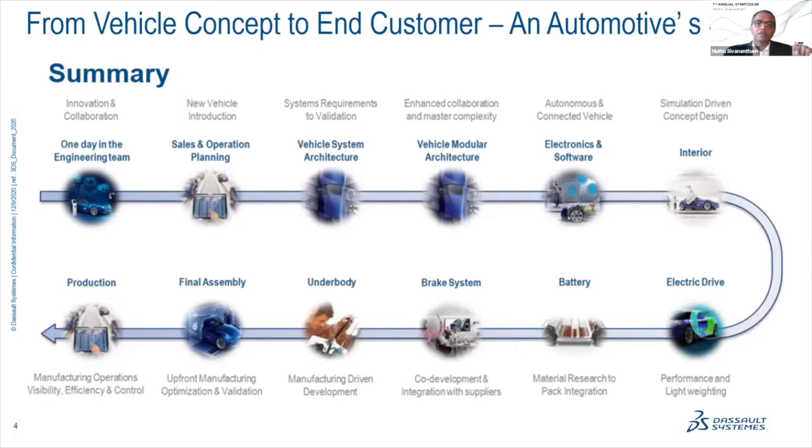Modularity is key. I'll use that term several times in this presentation, because they want to produce many models, many options, as Gary saw, as much as possible in the same line. So that is your efficiency. That's how you achieve efficiencies.